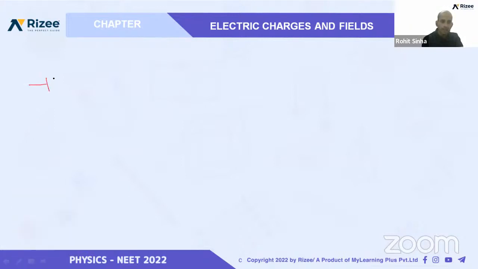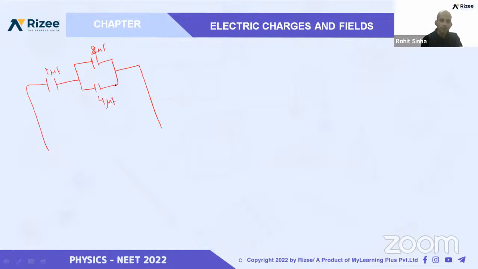Suppose we have this 2 microfarad here and 8 microfarad here, or 4, I think it was, 4 here and 4 here. And the circuit was present here also.